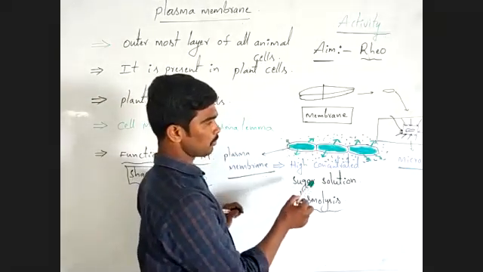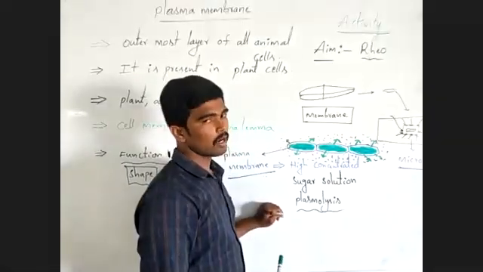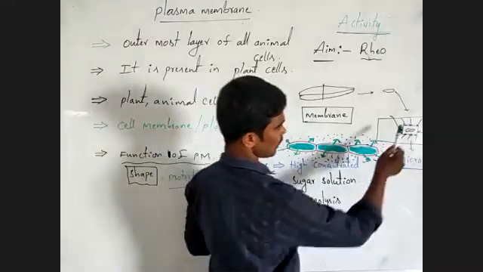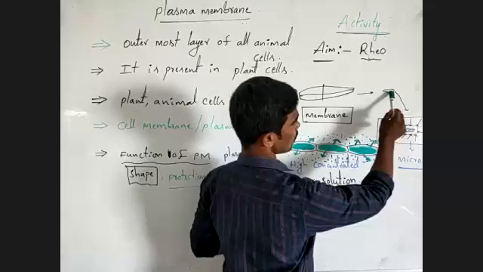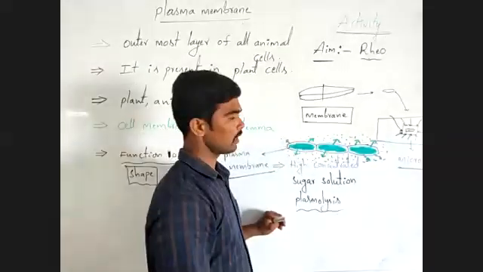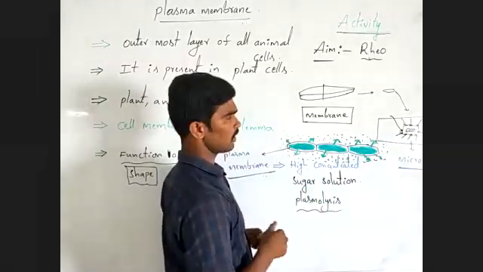Next, we have to pour the high concentrated sugar solution, or hypertonic solution, around the plant cells, around the membrane. Then we can observe this structure.